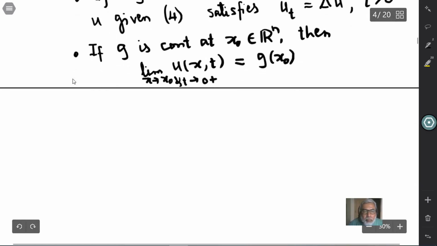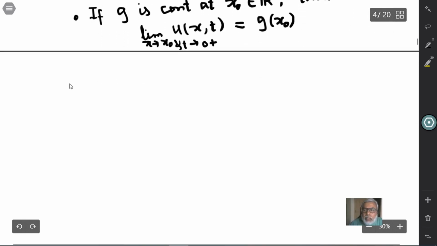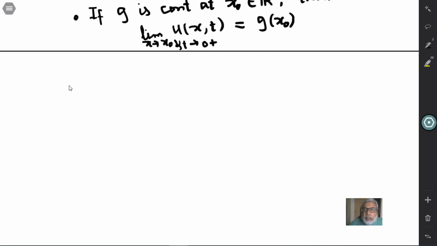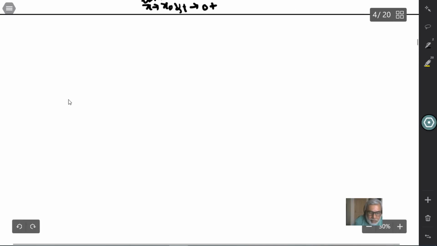Since the initial value problem we are studying is a characteristic initial value problem, we cannot expect uniqueness. So in general, there is no uniqueness.